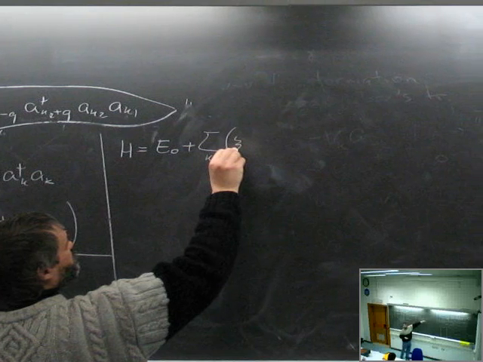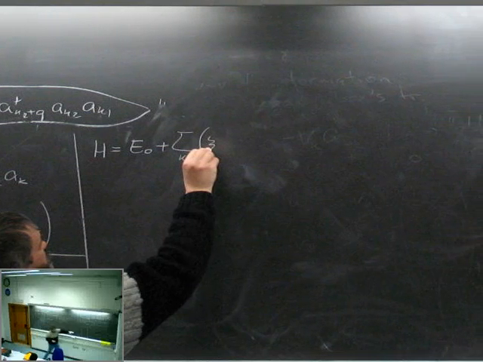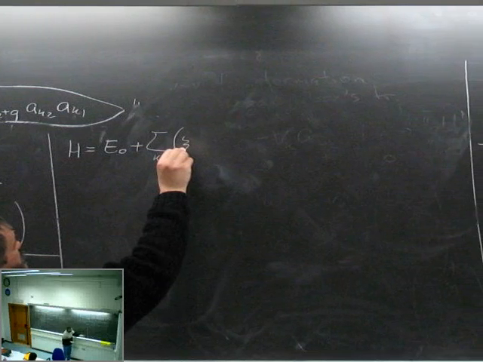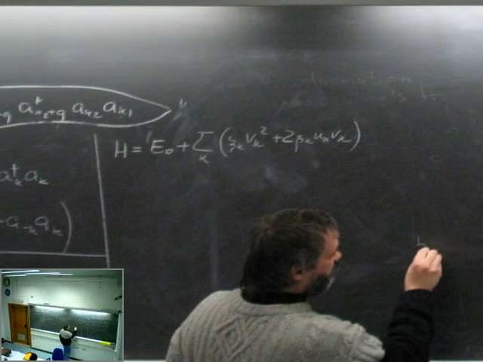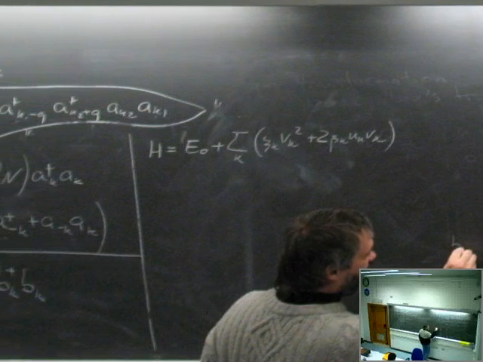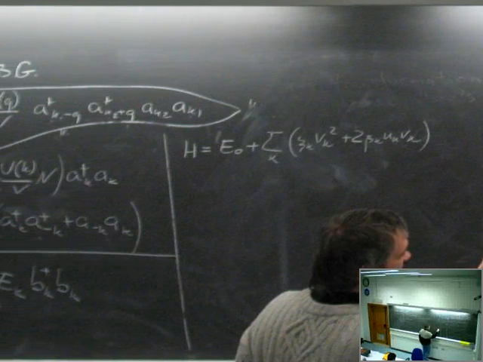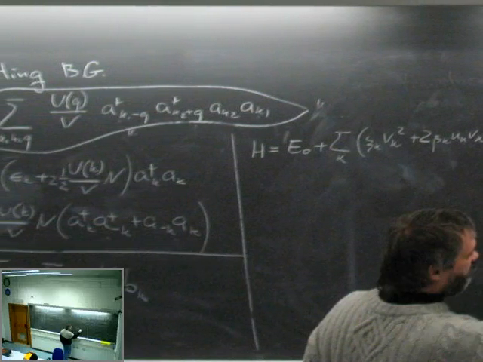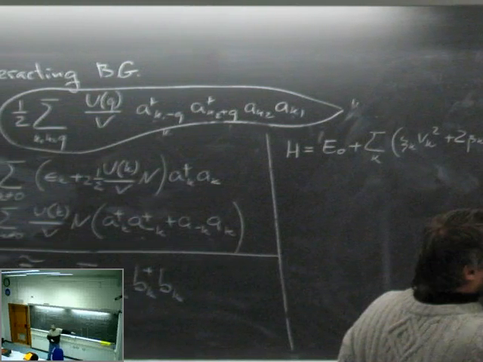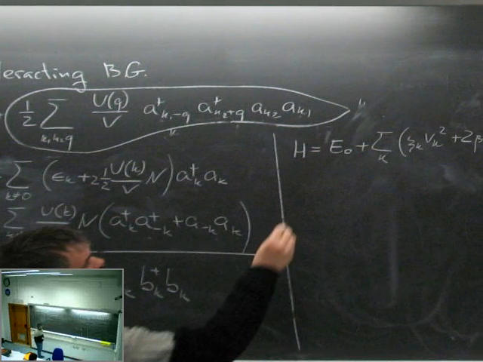This is some constant. You see it doesn't depend on operators. It comes when I substitute 1. So here, B minus K dagger is equal to 1 plus B minus K dagger B minus K. And then I take the replacement K to minus K.